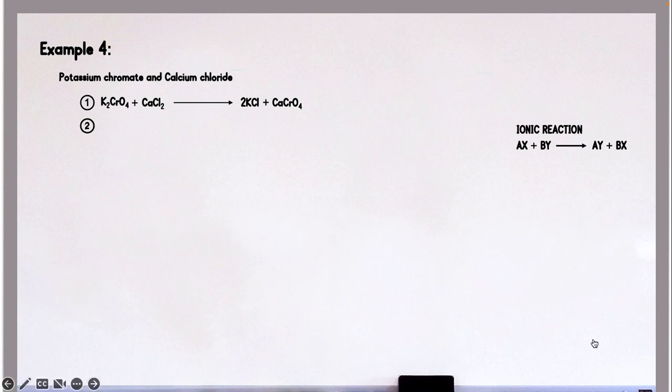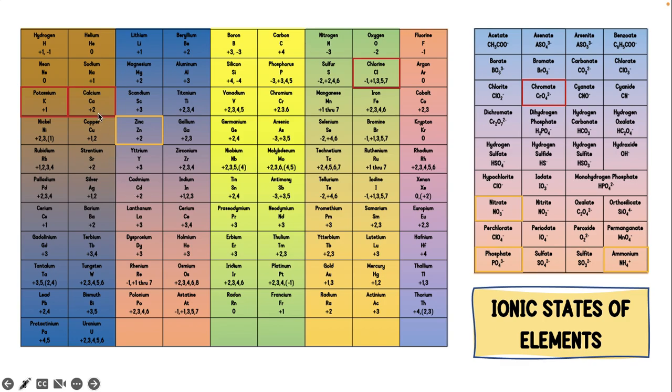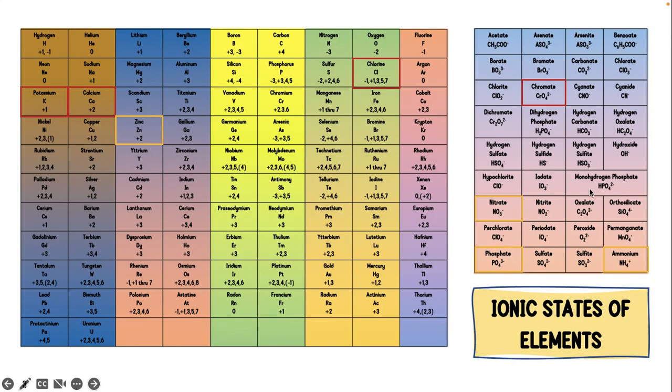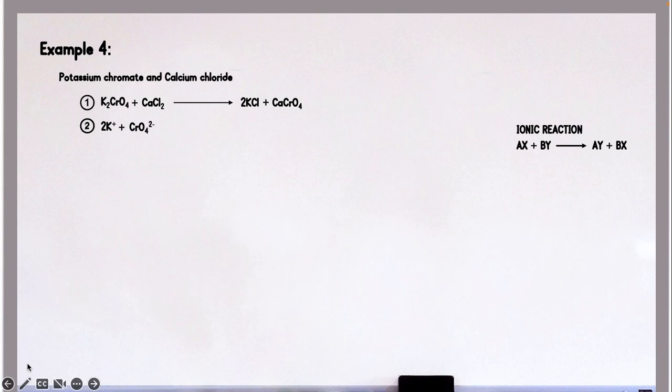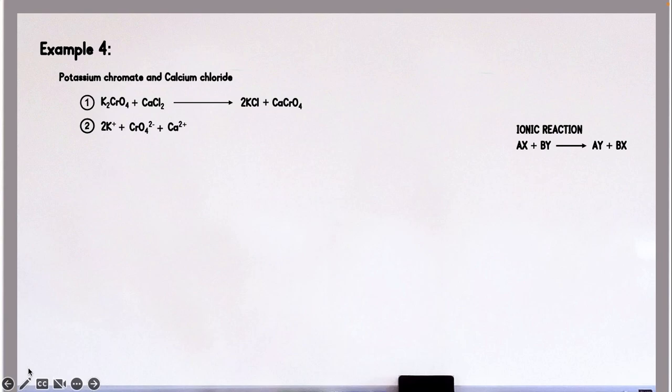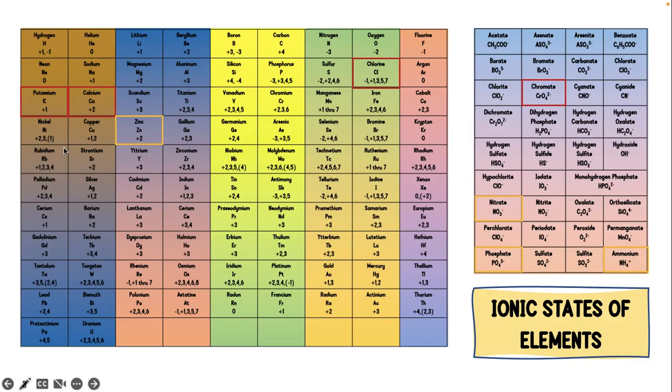We go and find potassium. Potassium is 1 plus, so we put potassium plus. Chromate is 2 minus, so then we have plus chromate 2 minus, and then calcium is 2 plus, so we have calcium 2 plus, and then chlorine, as was done previously, is minus.